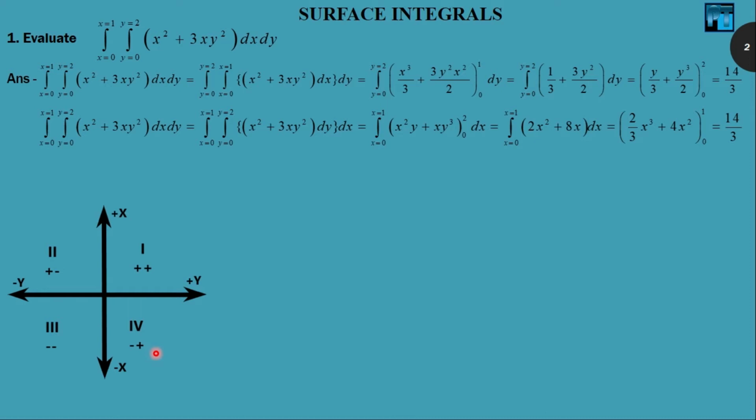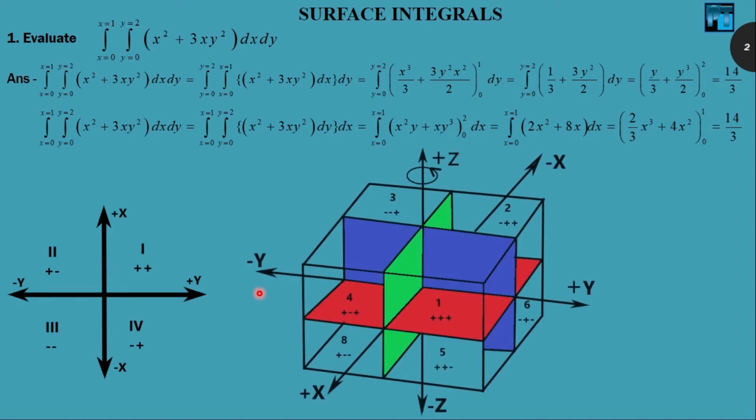Actually, you have to know one more thing, the extended form of this quadrant, which is called octant. See, this is a 2D implementation. Now, if we expand this into 3D, the picture becomes quite like this one.